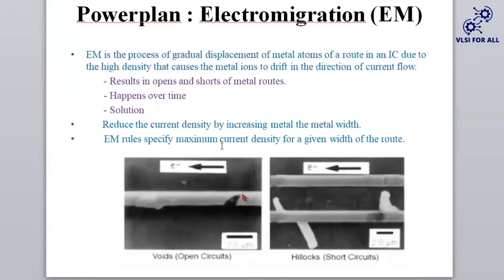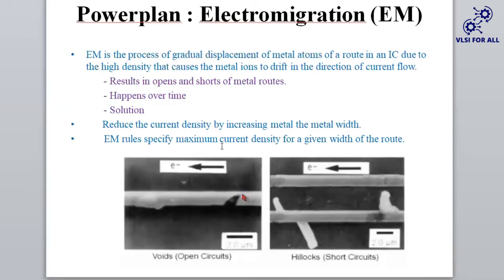Next comes electromigration. As I said, power planning is to meet your EM as well as IR drop. Now let me tell you what electromigration means. EM is a process of gradual displacement of metal atoms of a route in an IC due to high current density, which causes metal ions to drift in the direction of current flow.